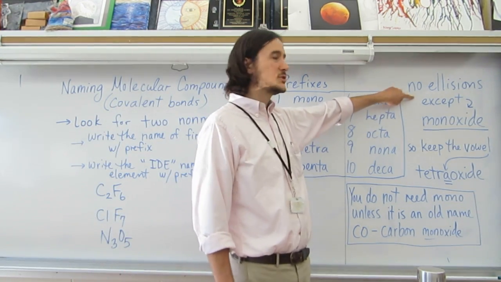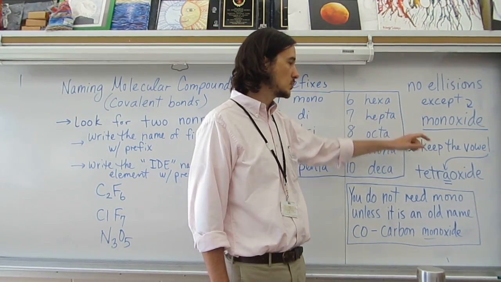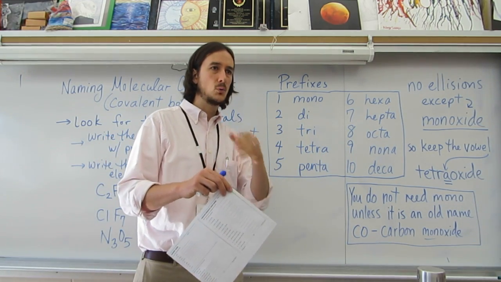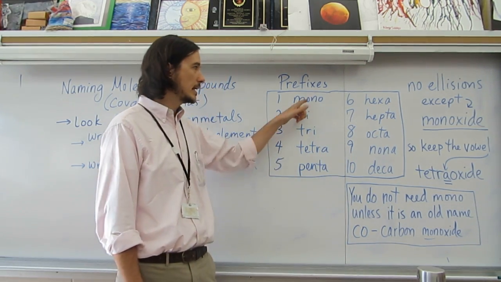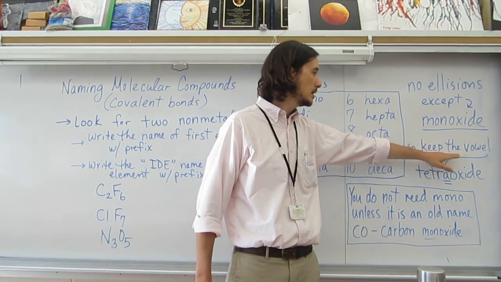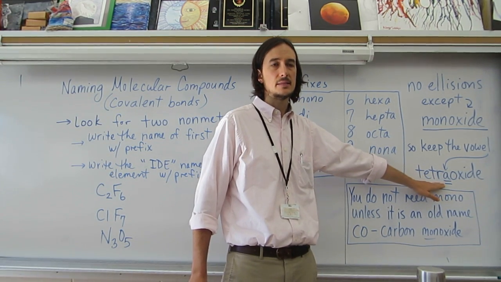So no elisions except for monoxide. An elision is when you combine a prefix and a stem and you cut out one of the letters. So we're not cutting out these letters. Monoxide we do, but for any others, you write tetraoxide, not tetroxide.